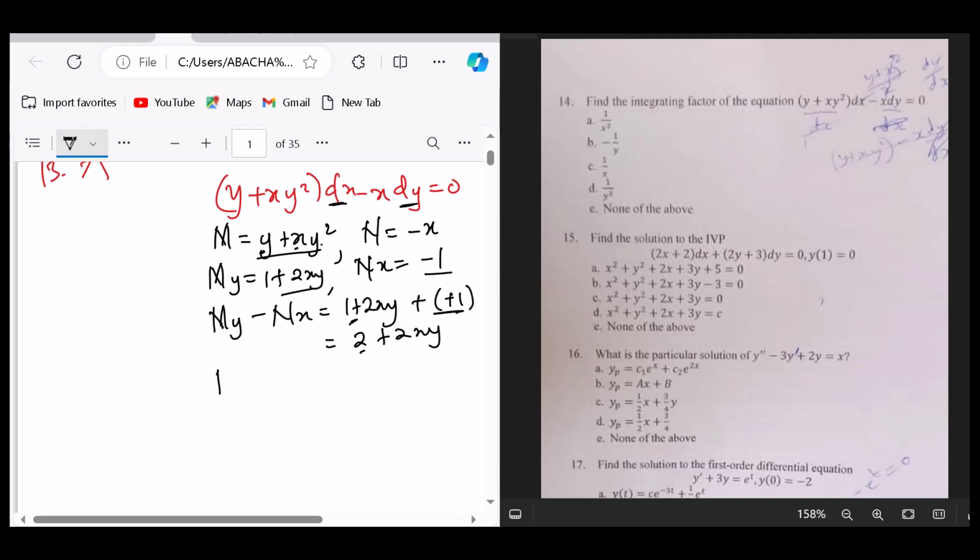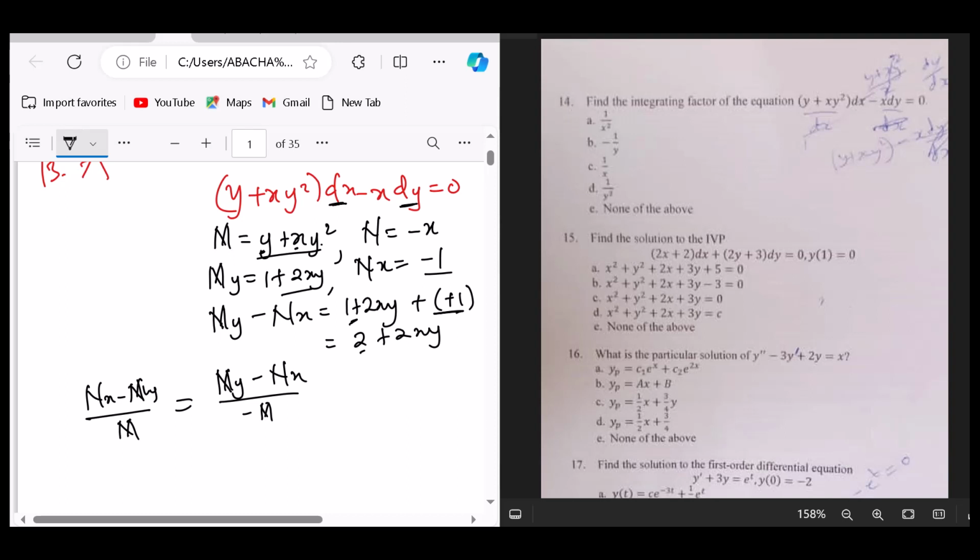We take M_y minus N_x over N, and if we take over negative M, in other words N_x minus M_y over M, it is just the same.